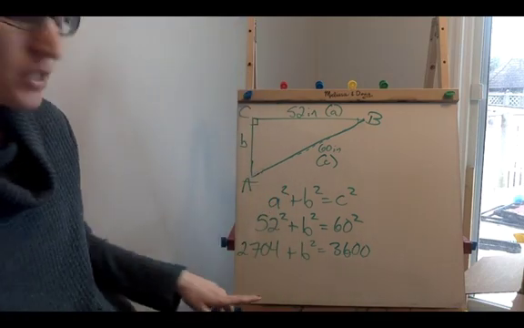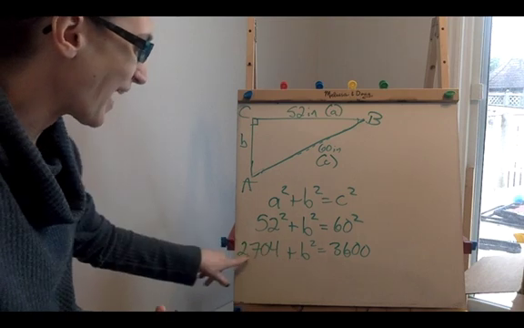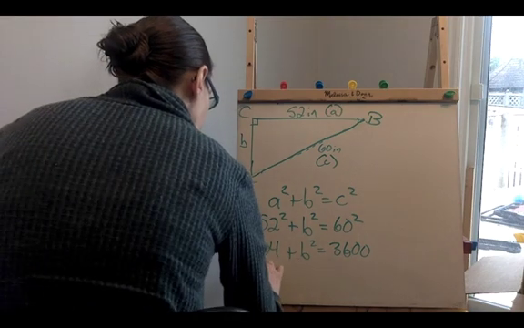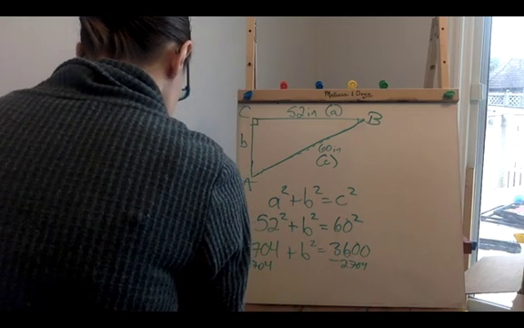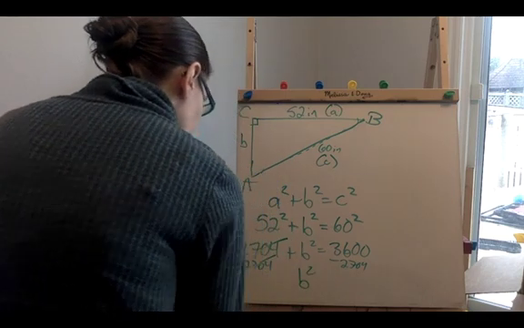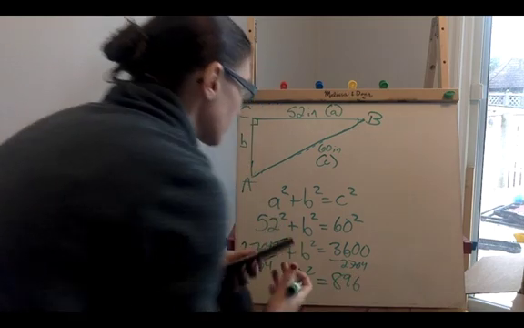Okay, so again, in this case, we're trying to get the b squared by itself. So b squared is being added to 2,704, so I'm going to subtract 2,704 from both sides. And we get that b squared, that would cancel out and be 0, and when I do that subtraction, I get 896, okay?